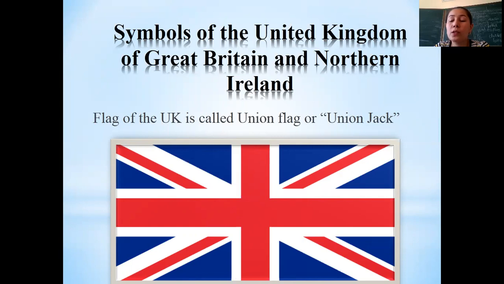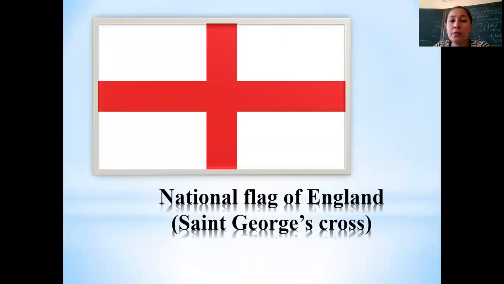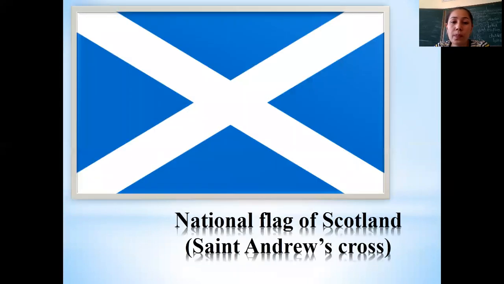That's why it is a Union flag. It is called Union Jack. For example, the first flag is the national flag of England. It is a red cross with a white background.